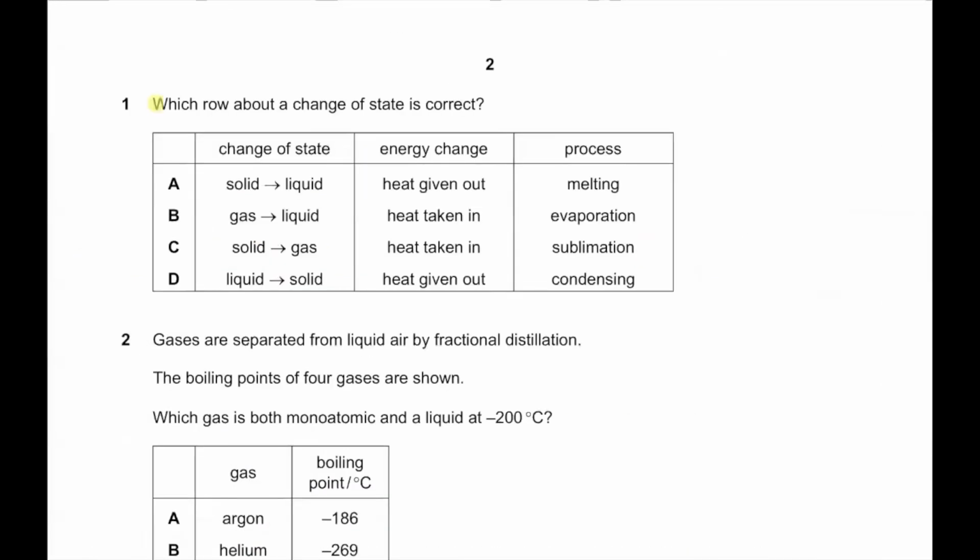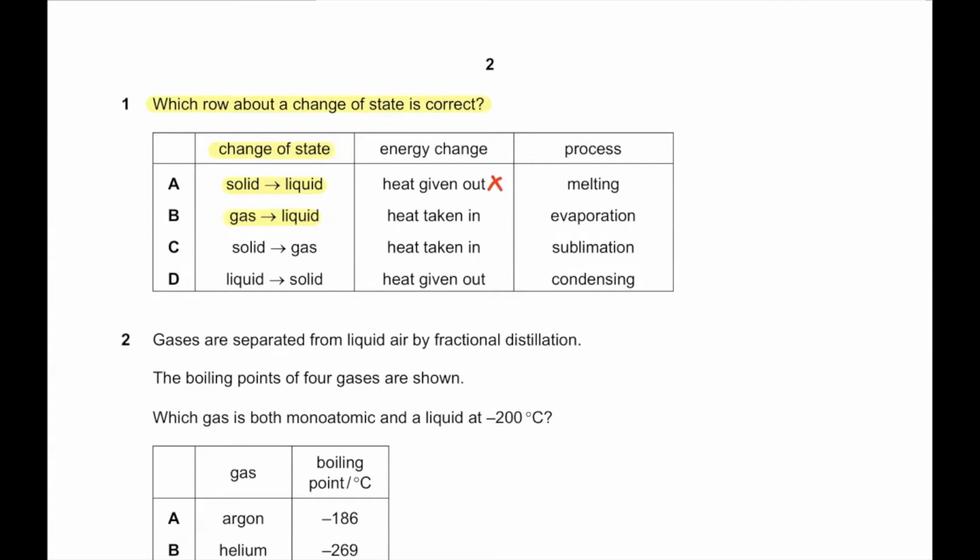Question number 1. Which row about a change of state is correct? The first change of state is solid to liquid. When we change from solid to liquid, heat is taken in, so here where it says heat is given out, it's wrong. Then it says gas to liquid.